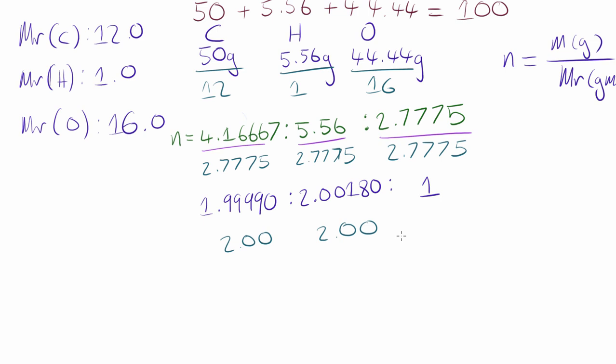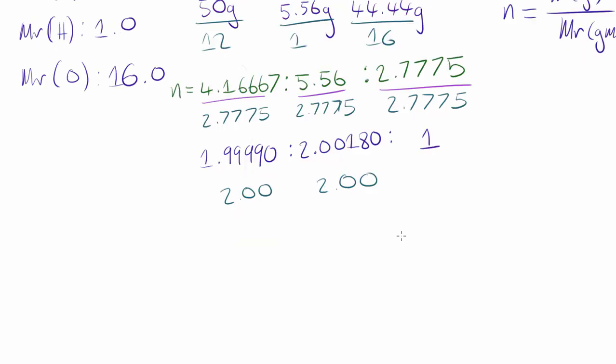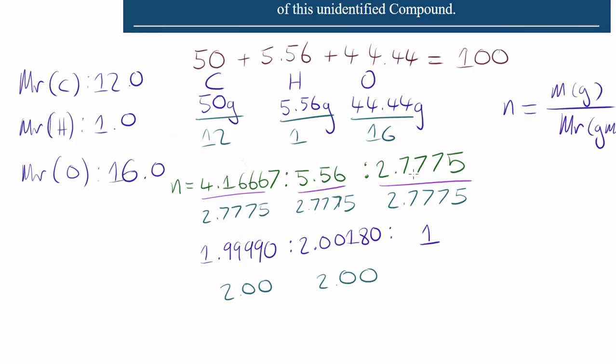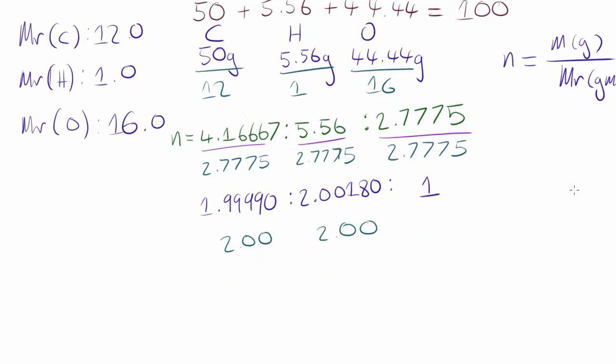We get 2. So based on that, we know the values associated with carbon give effectively our simplest whole number ratio. 2 and 1, it's not something you can necessarily divide by that's going to give you a different number that is still a whole number.